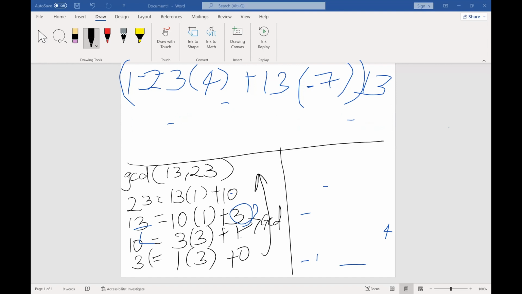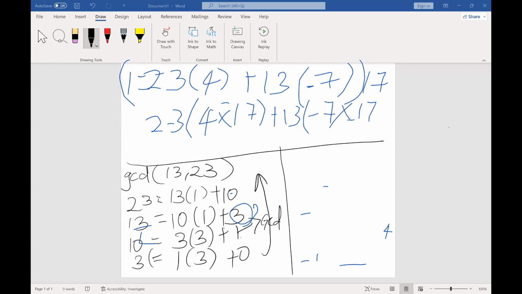Just assume we were correct. The process is the same. The numbers are different. So that's 17. So it becomes 23 into 4 times 17 plus 13 into -7 times 17.